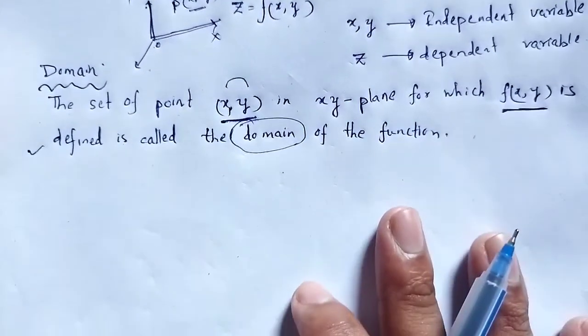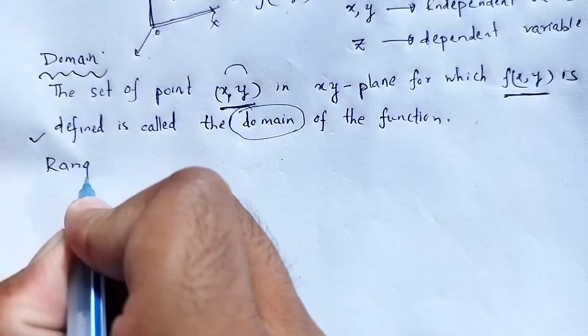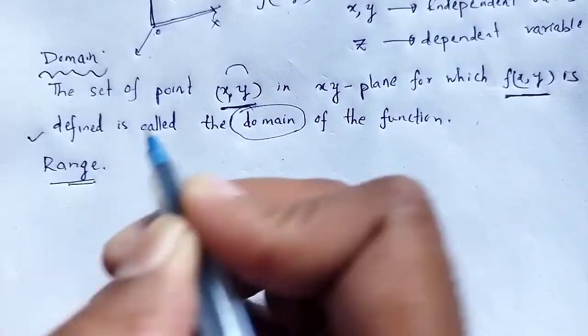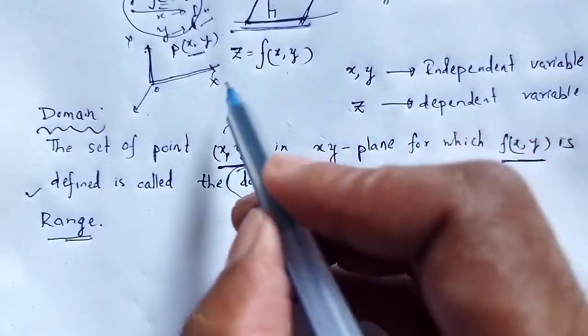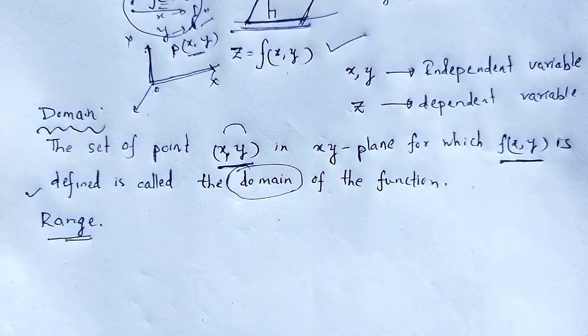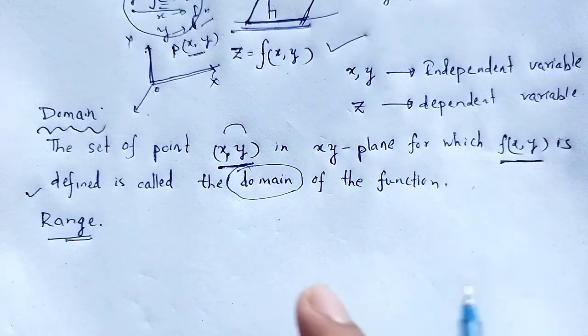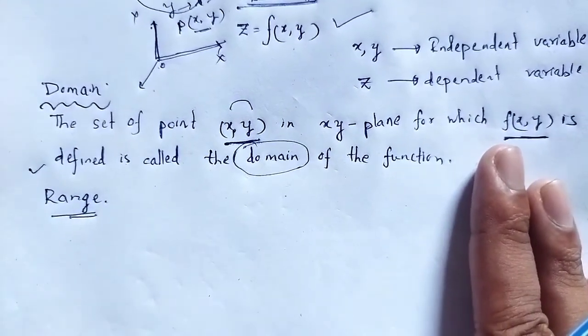Also we can define what the range is. What should be the range of a given function z is equal to f of x, y? The function is z is equal to f of x, y, a two variable function, that is, a function of more than one variable. So in that case, after defining the domain, we again define what the range of that function is.